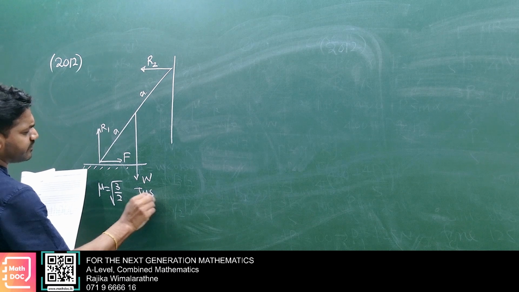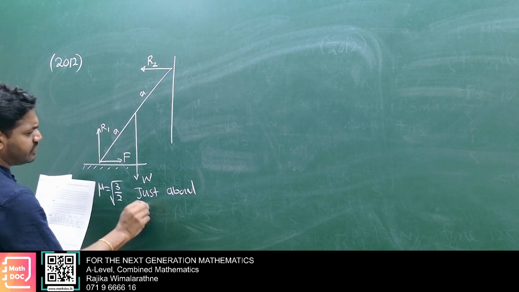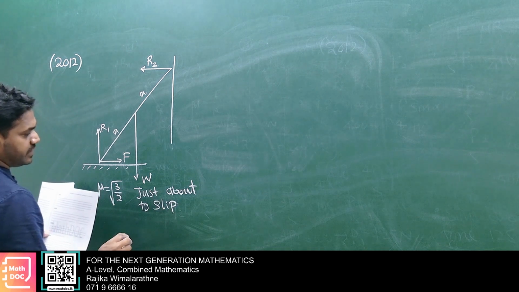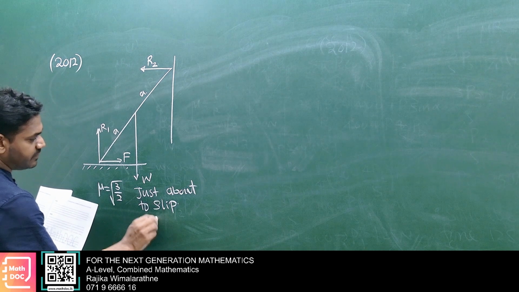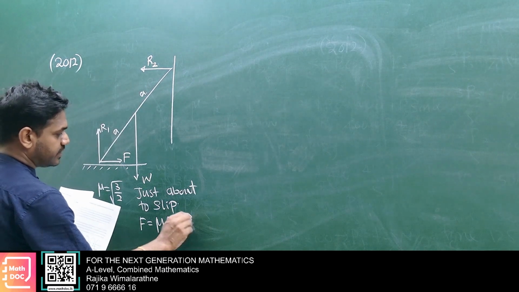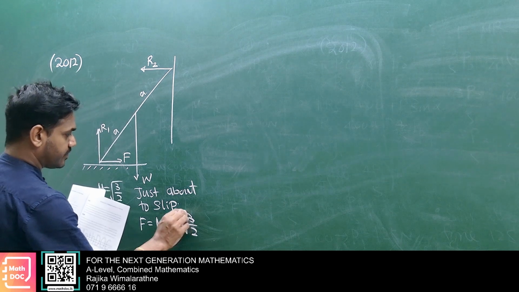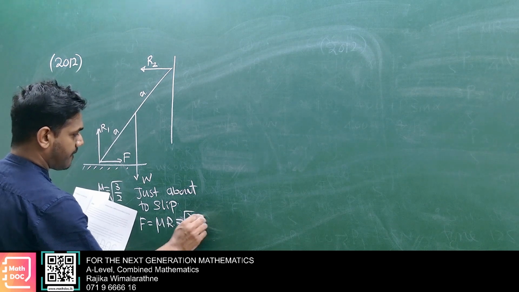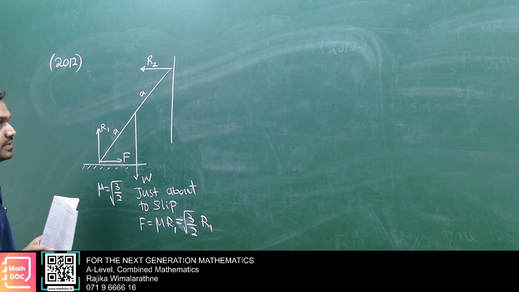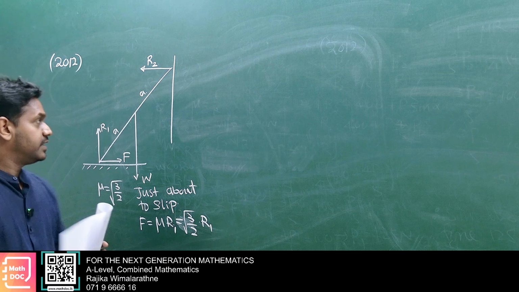Just about to slip means limiting equilibrium, no? Then F equals mu R. You can take this for this case. So F equals mu R1, because limiting equilibrium is given.